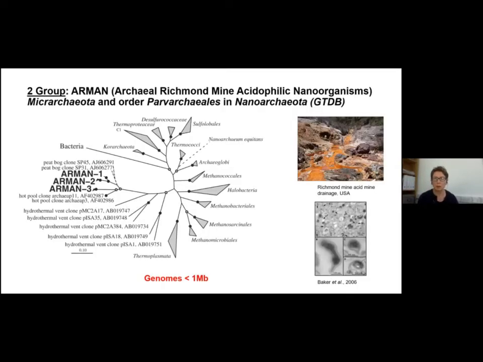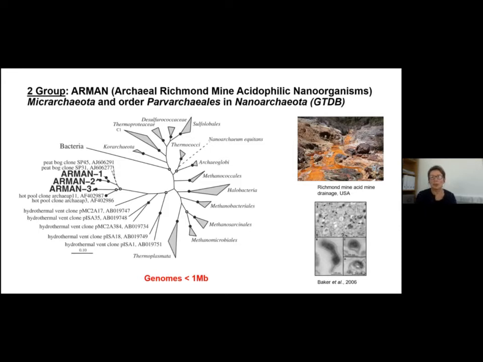Just to remind you what this group is: ARMAN, or Archaeal Richmond Mine Acidophilic Nanoorganism, was first discovered by the Banfield group in 2006 in Iron Mountain in the US, and the names Micrarchaea and Parvarchaea, two new phylum names, were given to these organisms. Nowadays, Micrarchaea is still considered to be at the level of phylum according to the new GTDB classification.